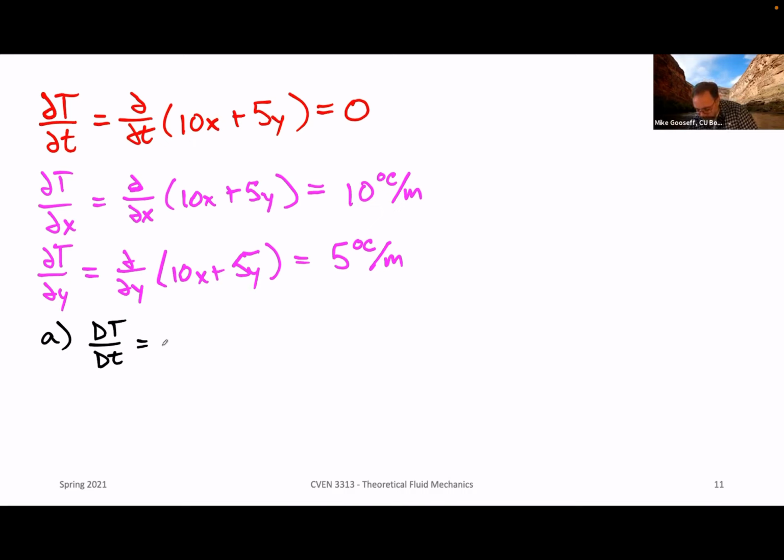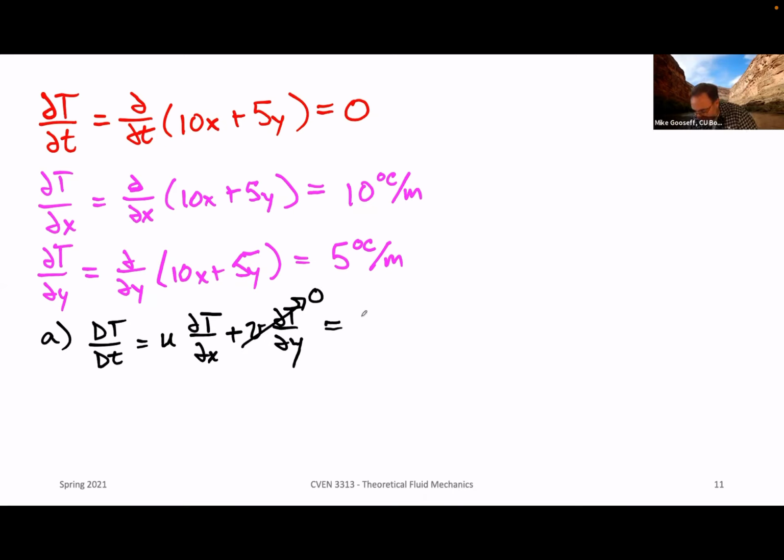So this simply equals u del T del x. For completeness, I'll write it out, plus v times del T del y, but v is equal to 0. And u is equal to 20 meters per second.